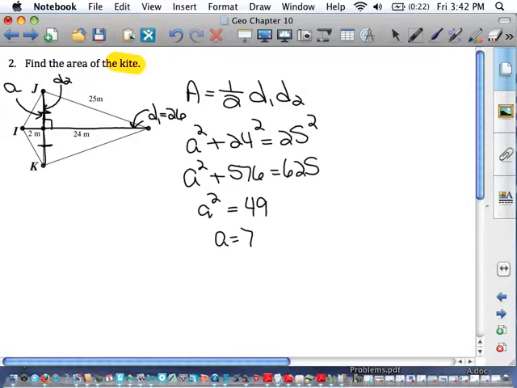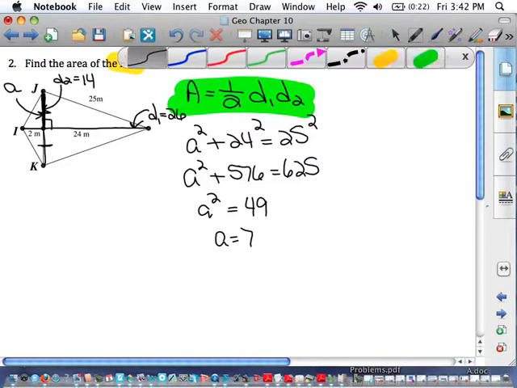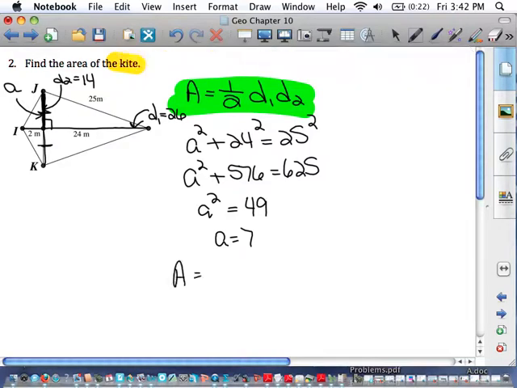So if A is half of that diagonal is 7, then D2 is equal to 14. So then I can come back up to my formula and substitute in the information that I have. So the area is equal to 1/2 diagonal 1, which is 26, times diagonal 2, which is 14. And then I would get that the area is equal to 182 meters squared.